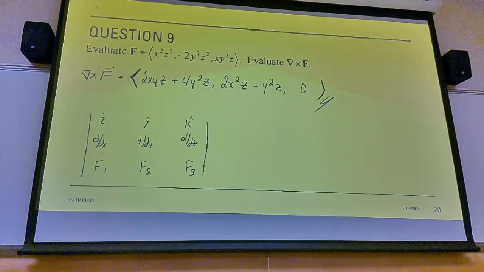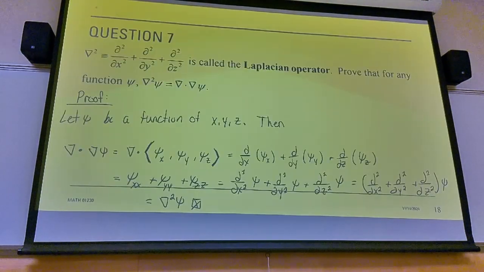Which is why I said we, air quotes, factored out a psi. We didn't really factor it out because it's not multiplication. But in terms of how the operators behave, you can do that. Then that partial squared partial x squared plus partial squared partial y squared plus partial squared partial z squared behaves as a single operator.